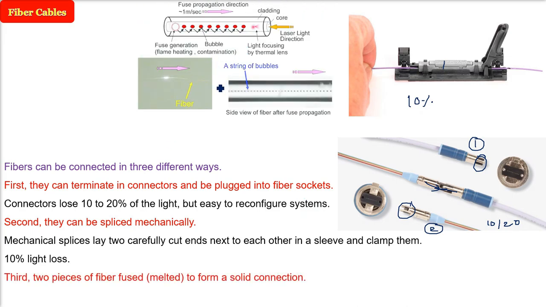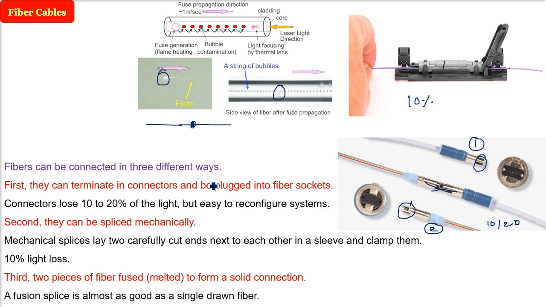The third is fusing the 2 fibers together. 2 pieces of fiber are fused and melted to form a solid connection. This is how they are melted. You can get some bubbles, but it will be like a seamless connection. A fusion splice is almost as good as a single drawn fiber.